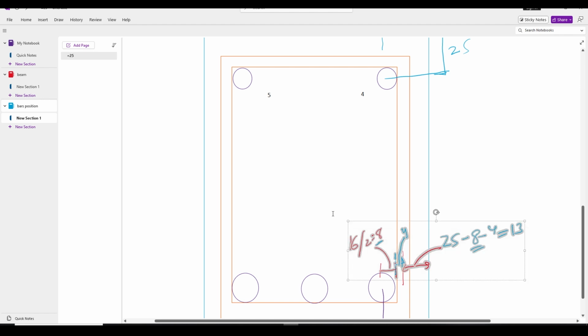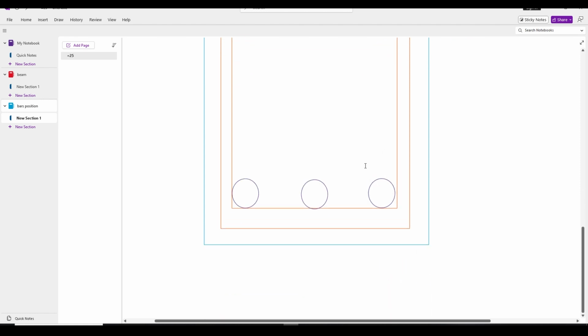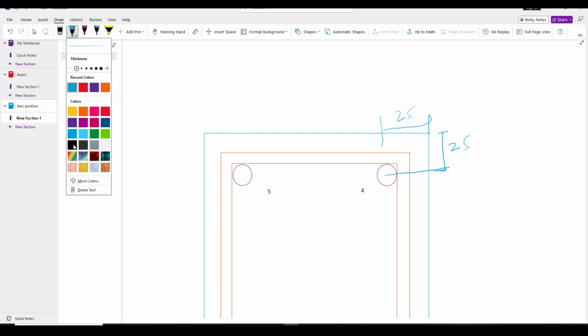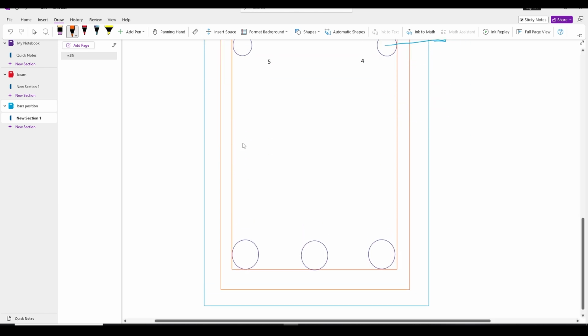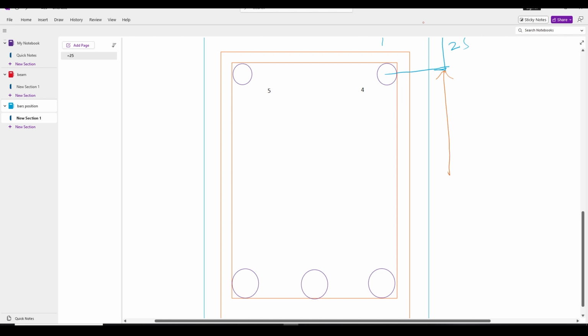Let me remove this part first. From here we have 460, that is the depth of the beam, minus 25, that will be 435 mm.